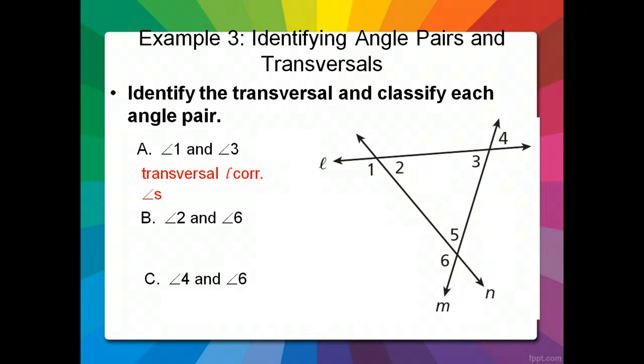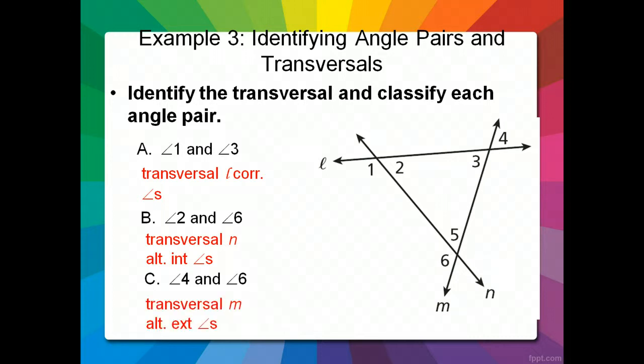So these would be alternate interior angles, and the transversal is N. If we look at 4 and 6, their vertices are along line M. They're on the outside of lines N and L, so they must be alternate exterior angles, and the transversal is M.